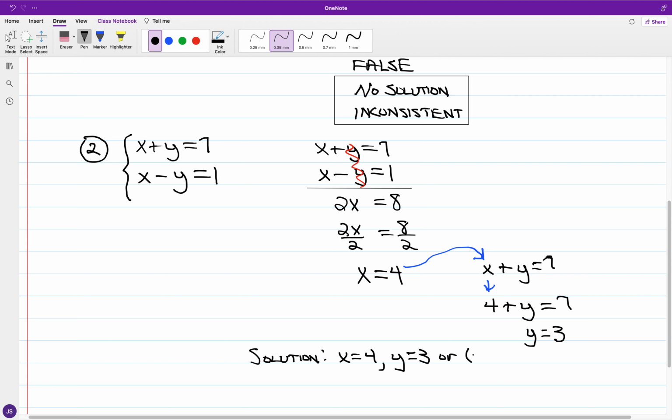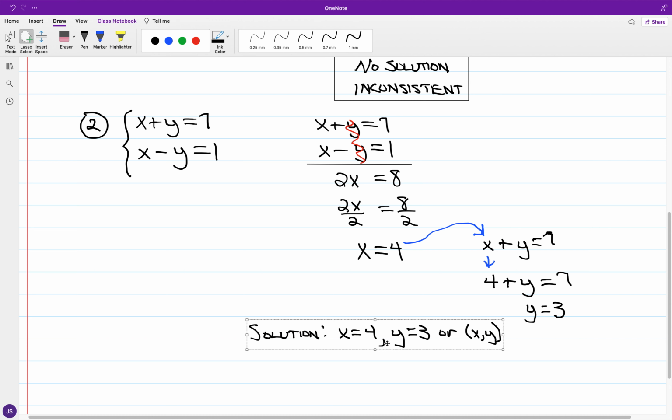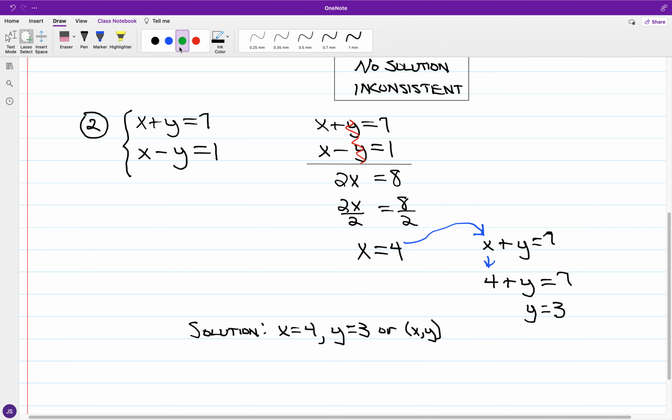You can write this in ordered pair terms. And since we have just one solution, that is a limited number of solutions, the type of system we have is consistent and independent.